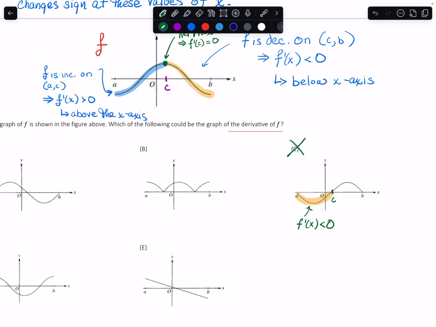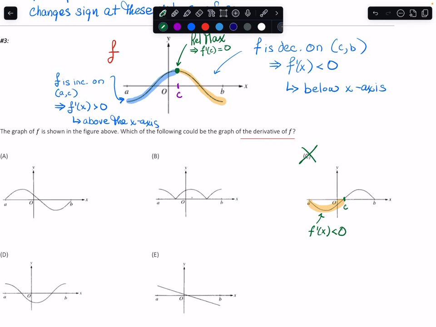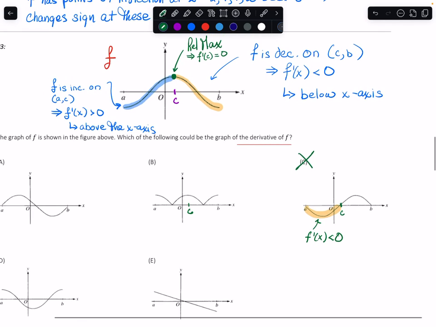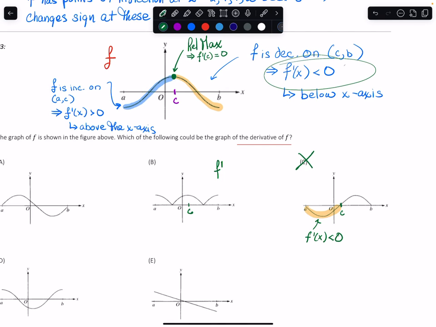What's interesting about B is, maybe here is C, okay? If you look at B, and again I'm thinking, is this the graph of f prime? That graph is always essentially above the x-axis. That would mean that the derivative is always positive. But we know from our analysis on the graph above that sometimes the derivative is negative.